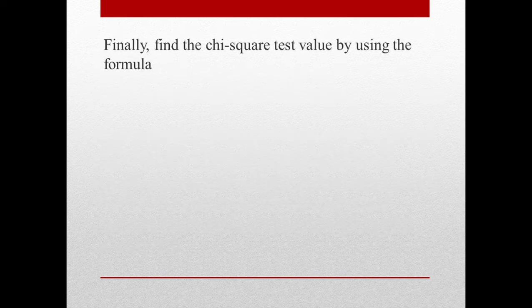Finally, find the chi-squared test value by using the formula: chi-squared is equal to the summation of observed value minus expected value, raised to 2, all over the expected value.